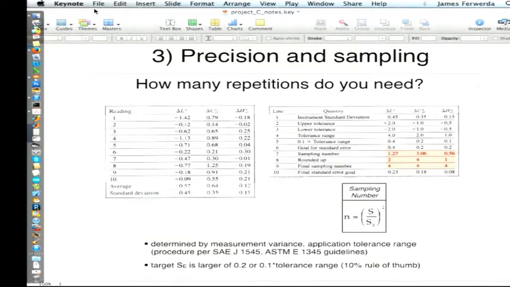Okay. All right, so now you have your tolerance range, right? And then, a rule of thumb from industry is that the goal for the precision in your measurement is going to be 10% of your tolerance range. So here you multiply the tolerance range times 0.1, and you get 0.4, 0.2, and 0.1.